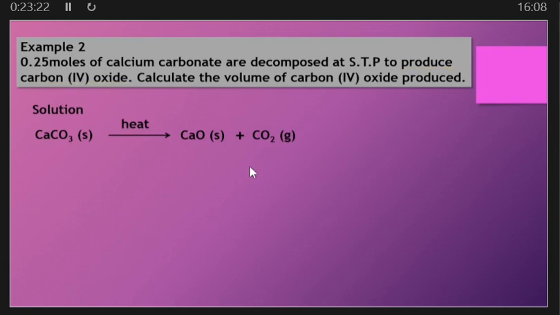Alright, so from here now, what are we going to do? We are told to calculate the volume of carbon 4 oxide produced. And we must know that the formula for calculating it is V is equal to n times V_STP, because this reaction happens at STP. So the volume changes to STP. In our previous example, we used the volume that was represented by RTP because that reaction was happening at RTP.